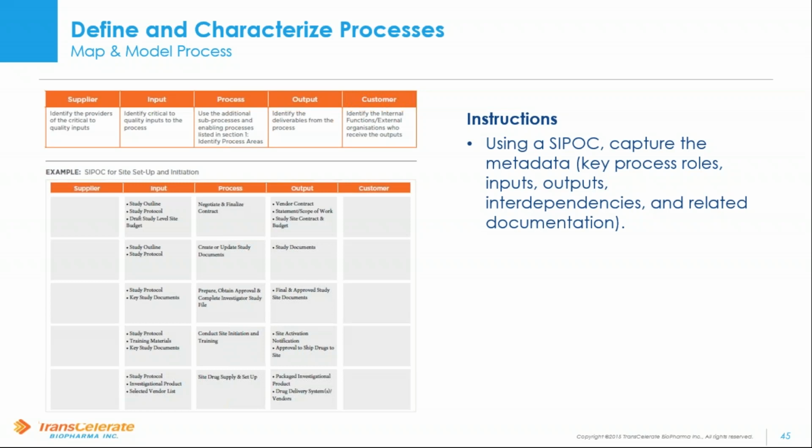It establishes the scope of the process, helps to identify key areas and stakeholders of the process so as to drive business deliverables and performance. We've continued to use the Study Startup example where the SIPOC really drills down into site setup and initiation. The benefit of this is process characterization leads to an understanding of upstream requirements as well as downstream deliverables. Move to the next slide, please.